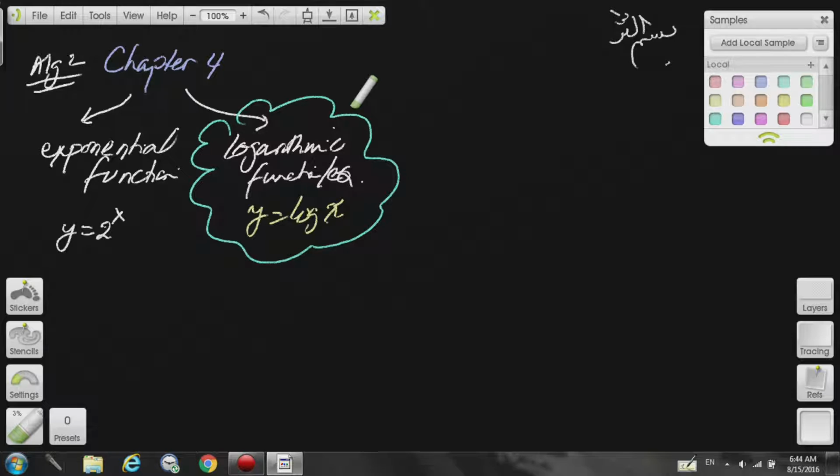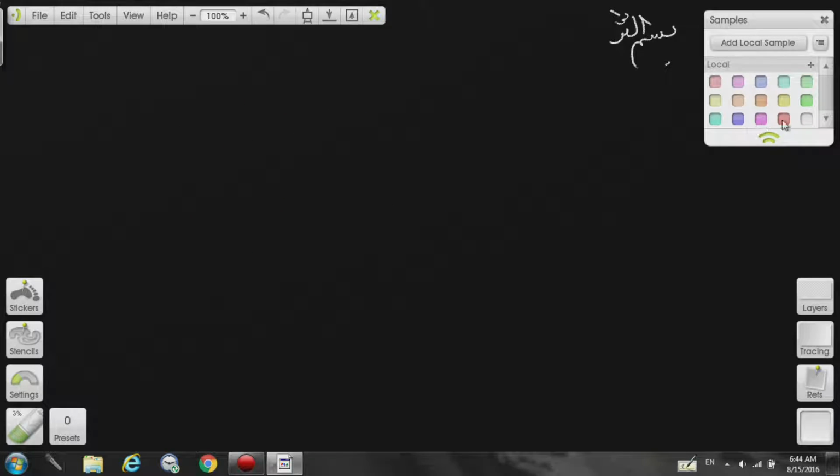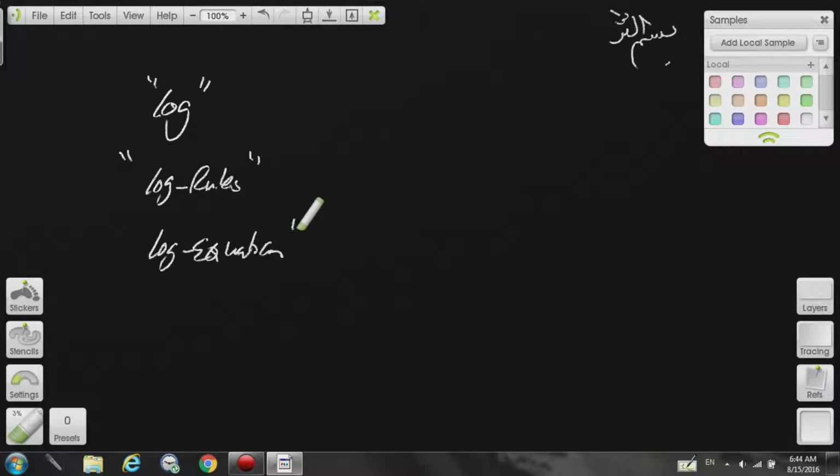Today, I'd like to explain what we mean when we say log of something, describe some properties of log, or some rules. You can call these log rules if you like, and we should try to solve some log equations. So that's the formidable task we have ahead of us.